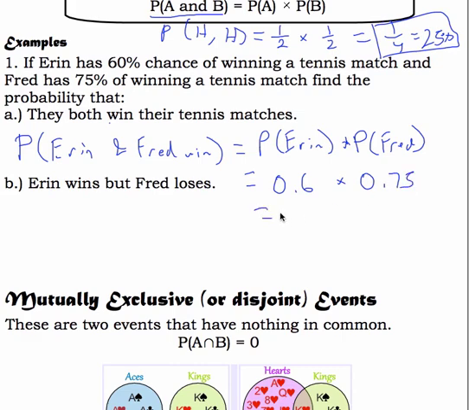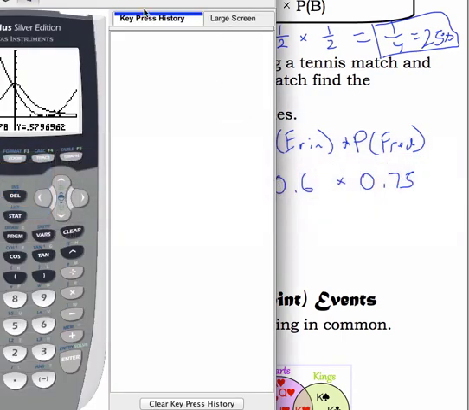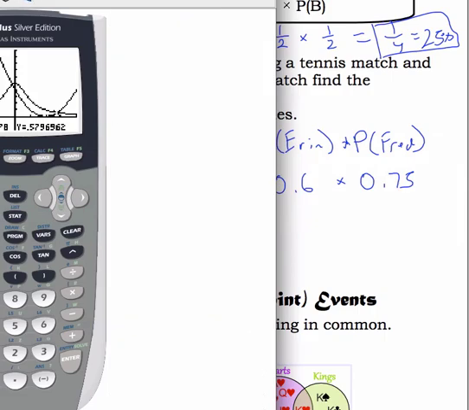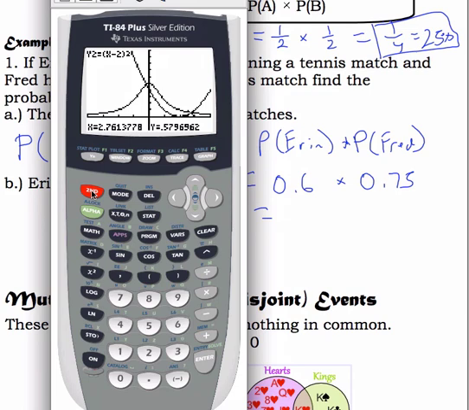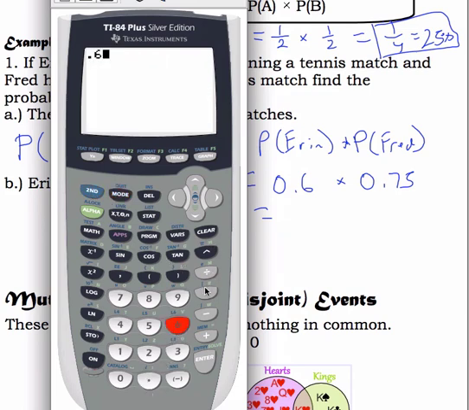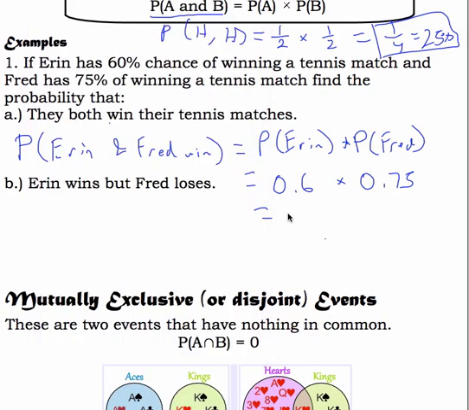And I'm going to multiply that together on my calculator here. 0.6 times 0.75 is 0.45. Okay, so that's a 0.45. You can leave our answer like that, or you can write 45%.